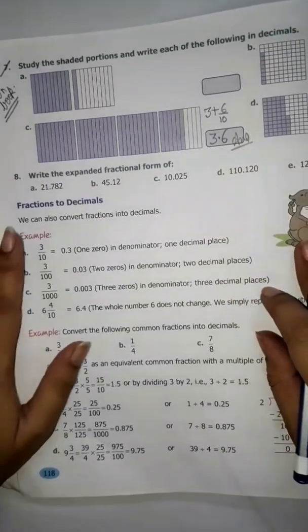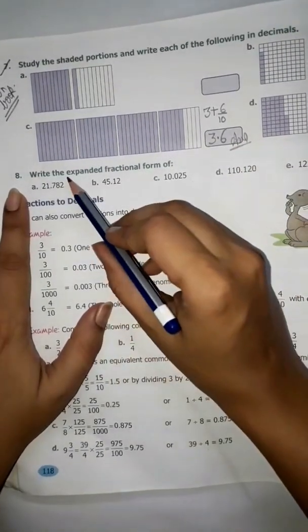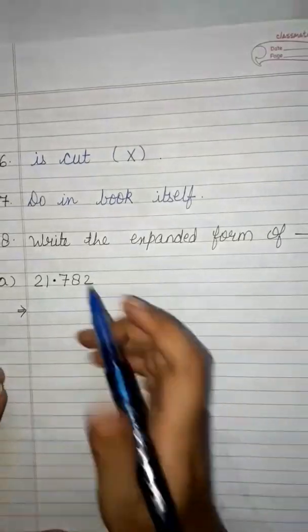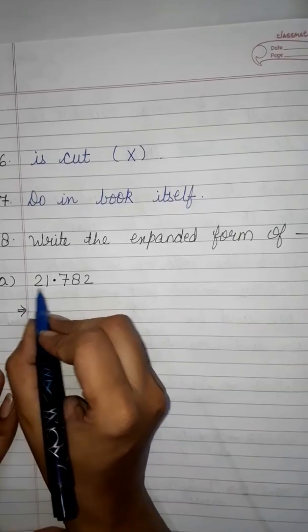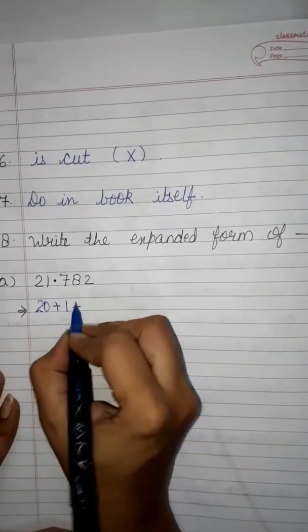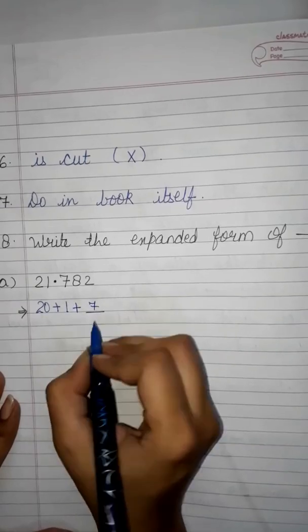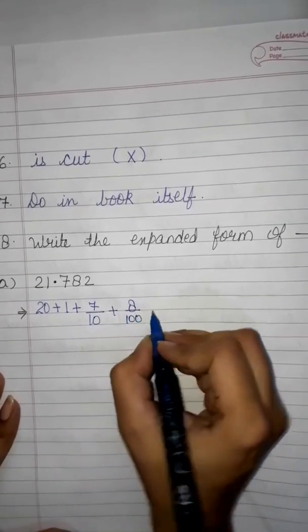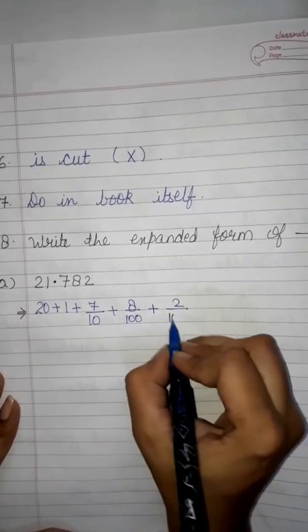Now question number last, 8th. Write the expanded fractional form of. So this is A part. For 21 you can expand it as 20 plus 1 plus. Now 7 by 10 plus 8 by 100 plus 2 by 1000.